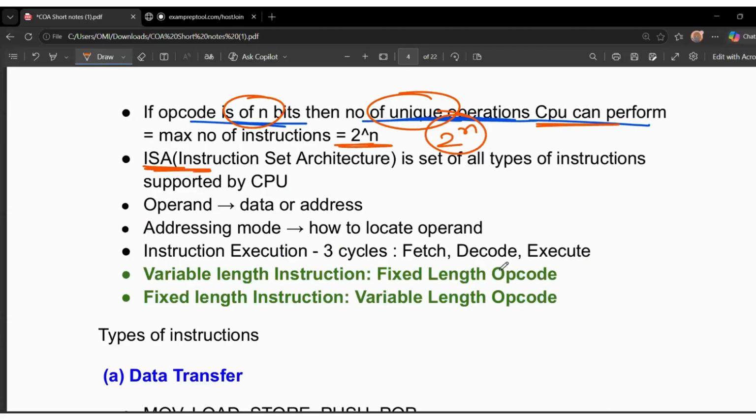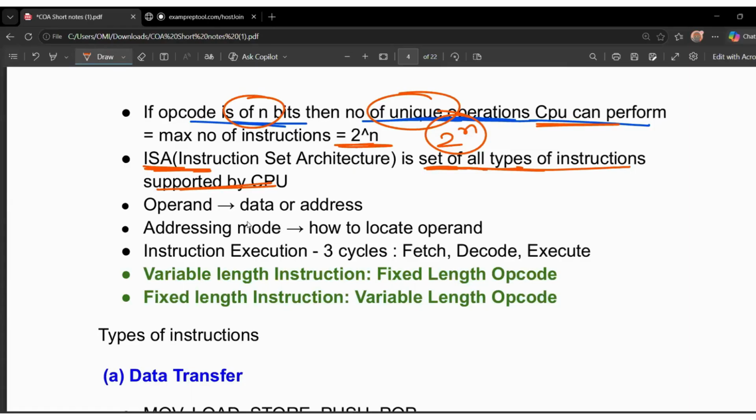It contains the set of all types of instructions which are supported by the CPU, all the different types of instructions supported by the CPU.